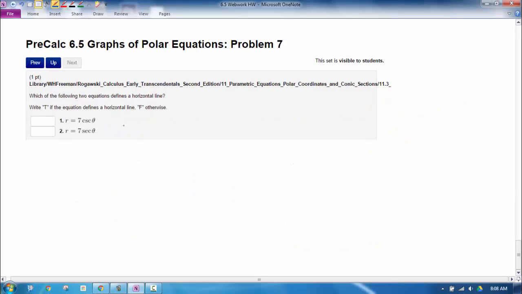Okay, the last problem wants to know which of these is a horizontal line. So let's just take the first one. We could graph it in our calculator, obviously, or we could take it and just do some algebra to figure out what it is in y equals mx form or y equals x form. So it's 7 over sine, because cosecant is 1 over sine, and then we know that, once again, sine of theta is y over r.